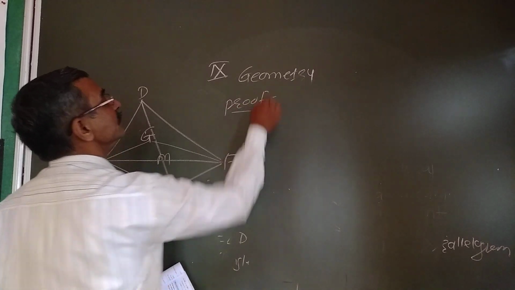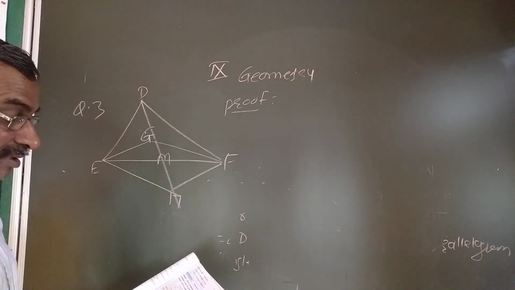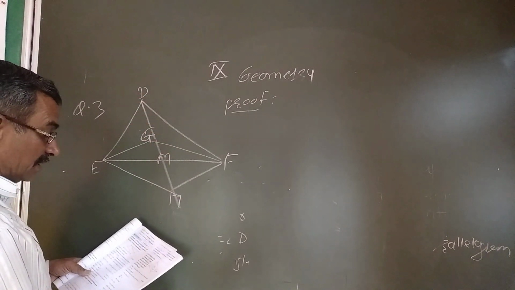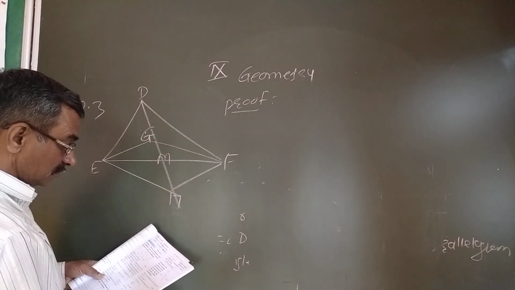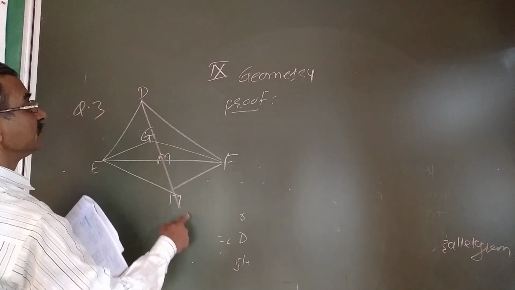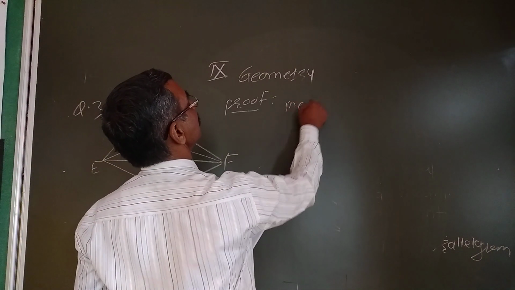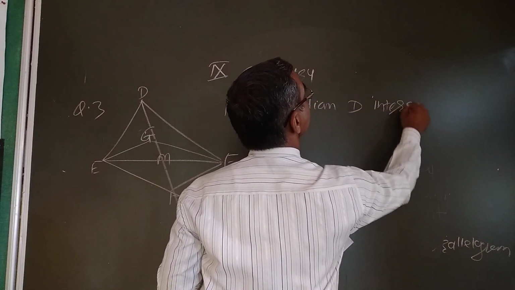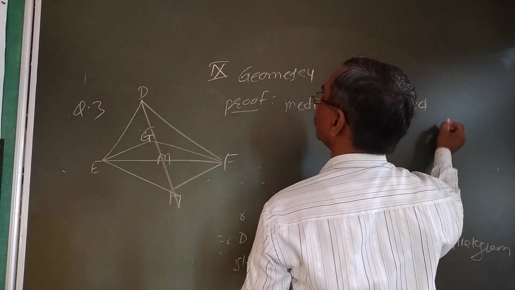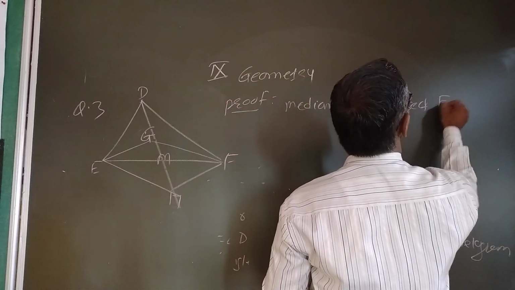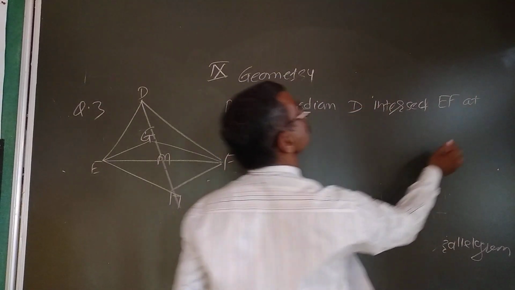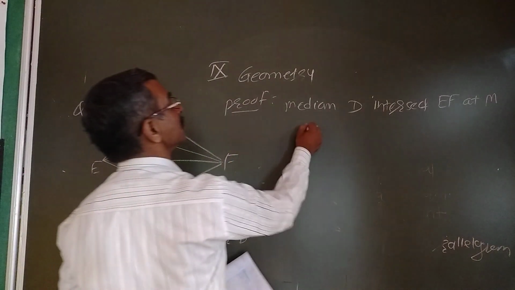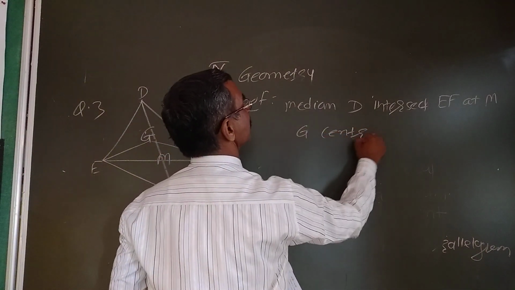So we can start the proof. What will be given? Let the median from D intersect EF at M. G is the centroid.